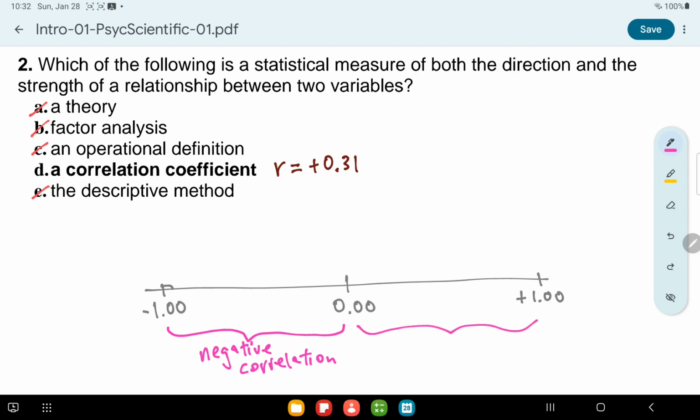And naturally, any number that exists between 0 and positive 1.00, they describe a positive correlation. There you go. Do you see? So the sign of the number tells you already whether it's a positive correlation.